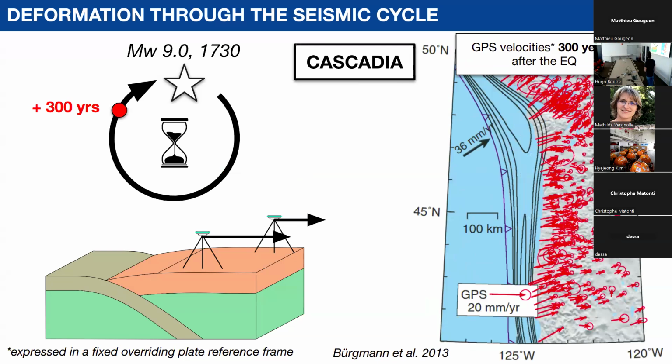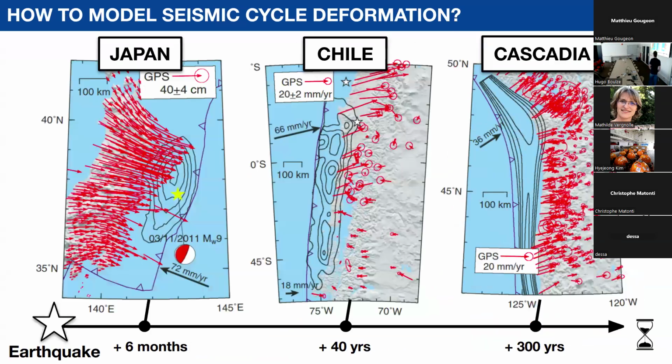And finally, the Cascadia example, 300 years after the earthquakes, and this time the whole plate is moving landward. So we have different kinds of deformation patterns through time, very different from the early post-seismic, only 6 months, to the late inter-seismic, 300 years later.